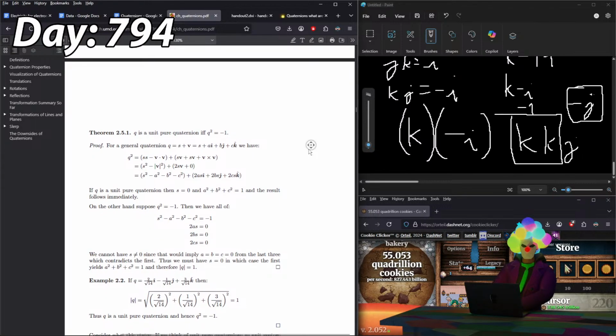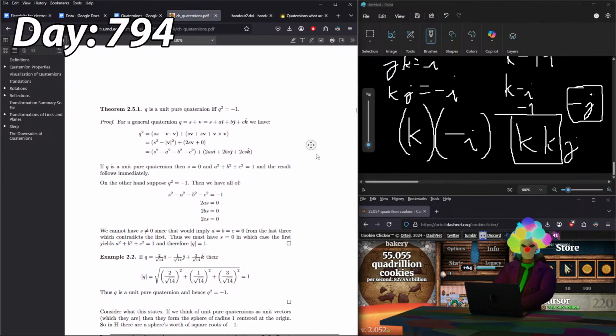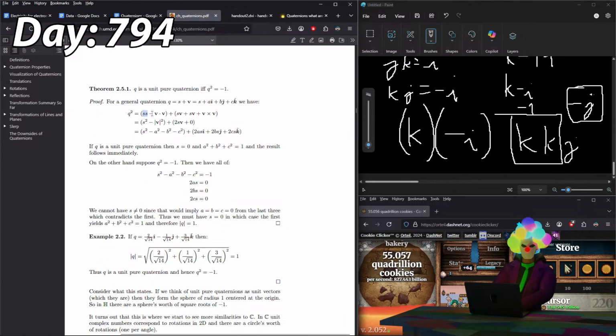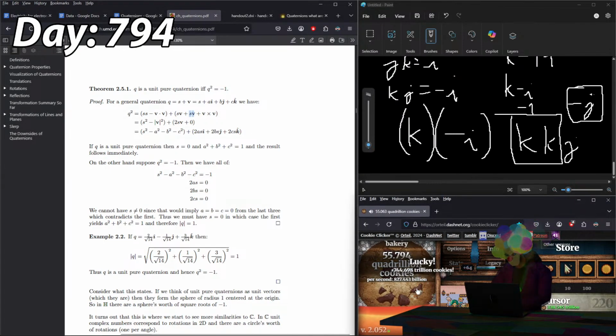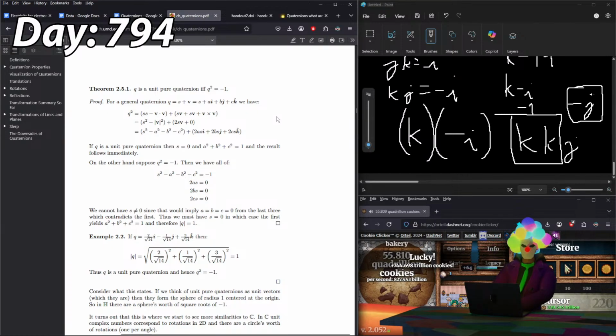For a genuine quaternion, right, we have q squared is equal to scalars multiplied together minus the dot product of the vector part, scalar, vector, and the cross. I'm not too interested in thinking of them as vectors. I know it's important, but that feels like too much work, honestly. I'm already swamped. Maybe in the future.